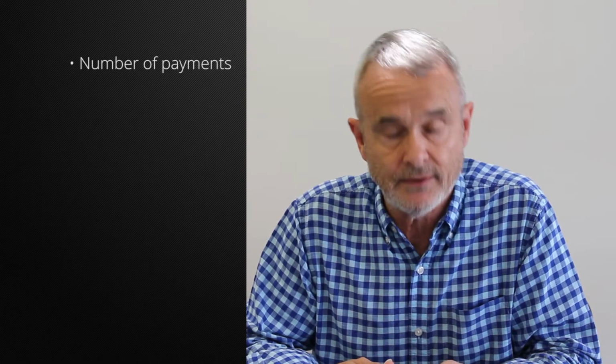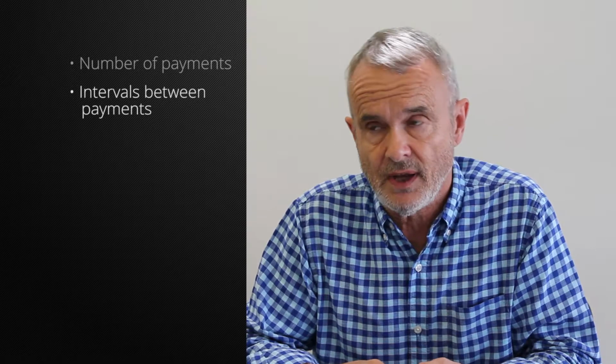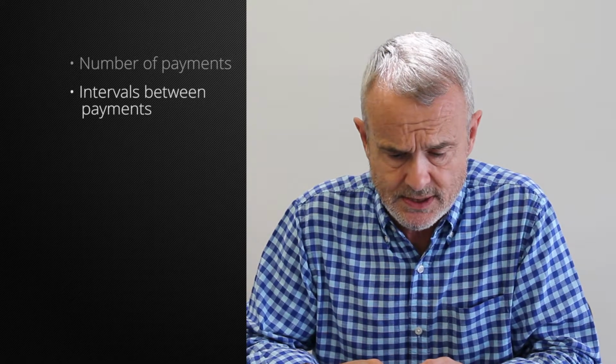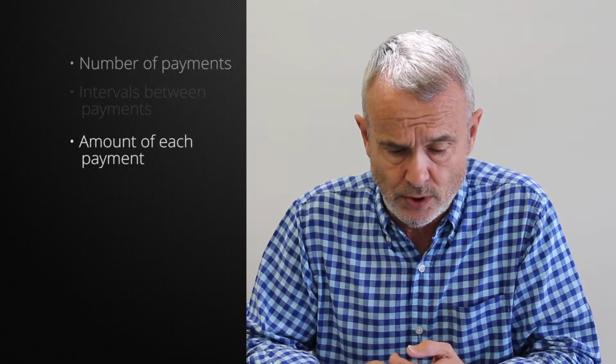Fee agreement under the CCA: parties are basically free to agree on a mechanism of determining how they do this. But they must include the number of payments under the contract, intervals between payments, and that can be defined in a number of different ways. Amount of each payment, and that again can be defined in a number of different ways.